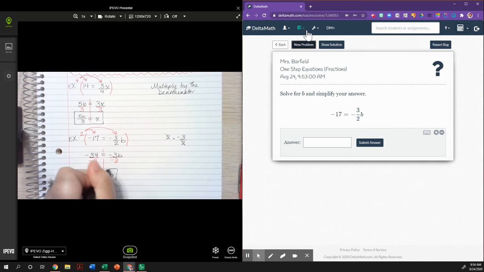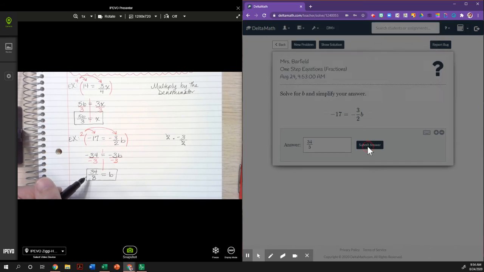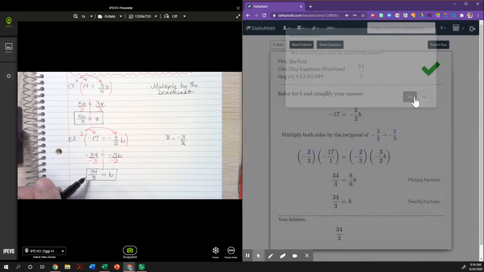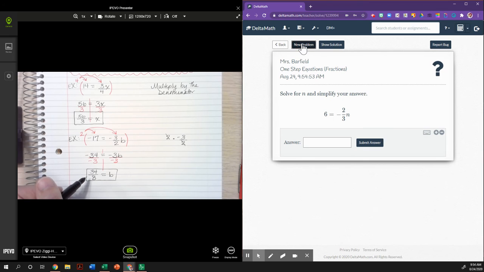The only thing I could adjust there is that the negative divided by a negative became a positive. So I'm going to go over here, 34 divided by 3, submit my answer, yes. And again, Mr. Delta Math has a different approach, which is okay. That's how this set of problems is going to continue.